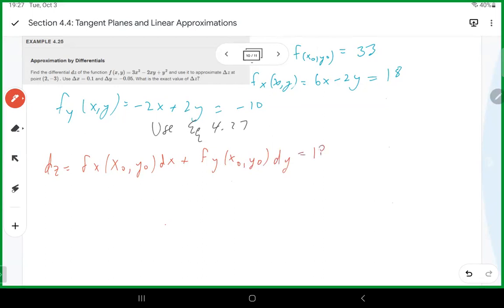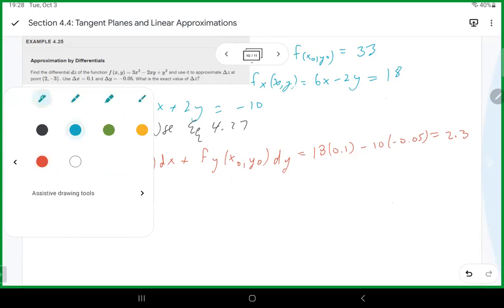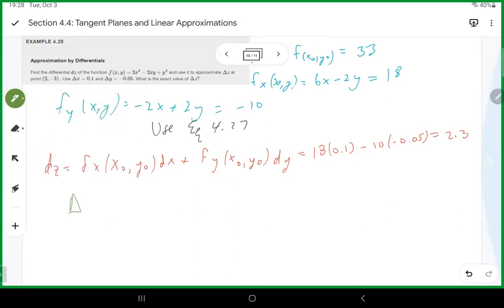So you get 18 times 0.1 minus 10 times negative 0.05. And if you work that out, you get 2.3. This is the approximation to delta z.